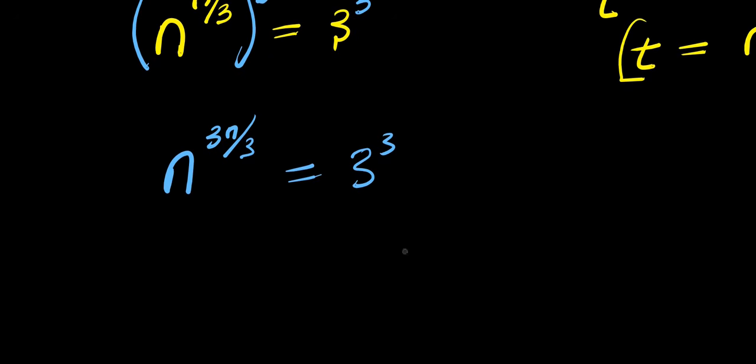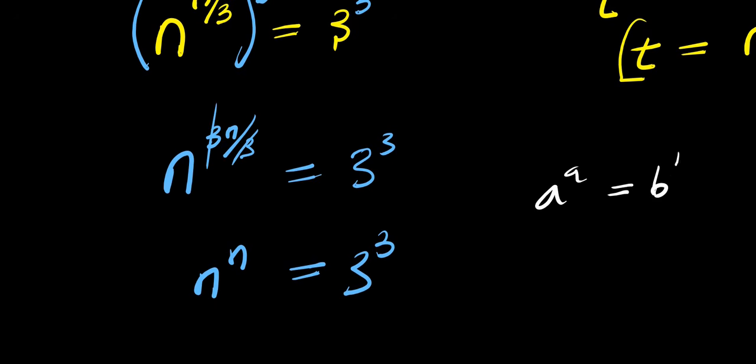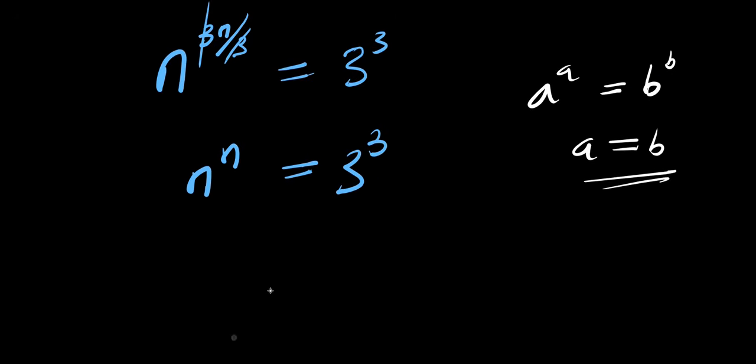So from here, 3 eliminates 3. We have n power n equals 3 power 3. Now, if you have a power a equals b power b, you have a equals b. So we apply the same thing here. That means we will simply have n equals 3.